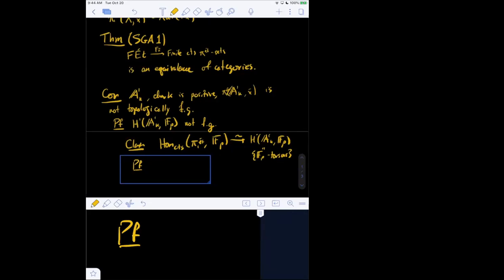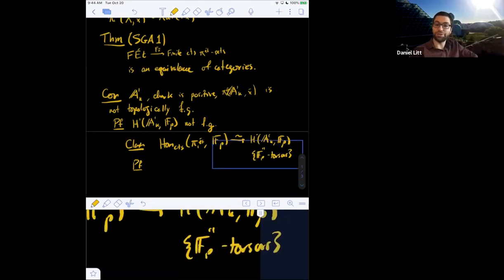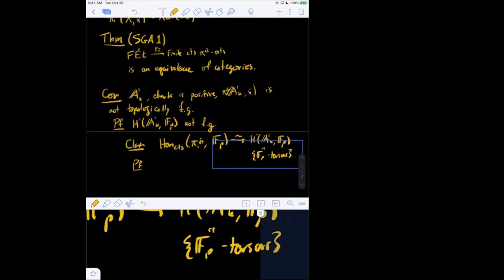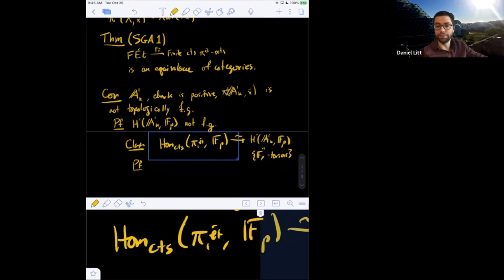So an element of the left should correspond to an FP cover? Yeah, that's right. An FP torsor is just the same thing as an FP étale cover, after the representability statement we gave earlier for torsors for finite group schemes. So somehow we have to say that the left-hand side is also the same as an FP Galois cover. So how do we do that?